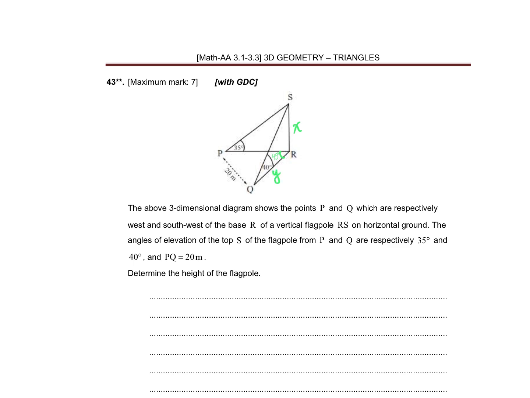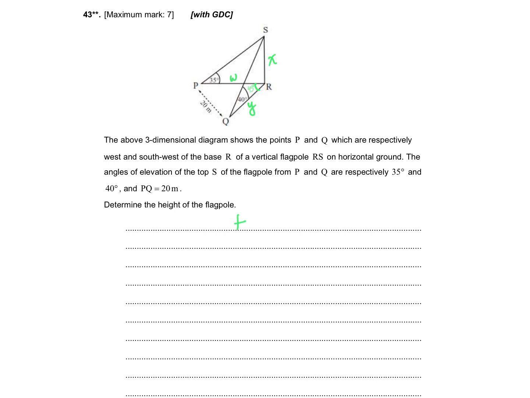Okay, so we're going to do the same thing. So if we have, first of all, tangent 35 equals x over w, and we have tangent 40 equals x over y in those two vertical triangles.